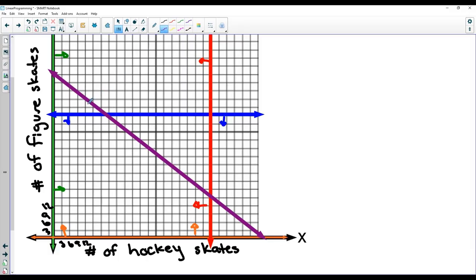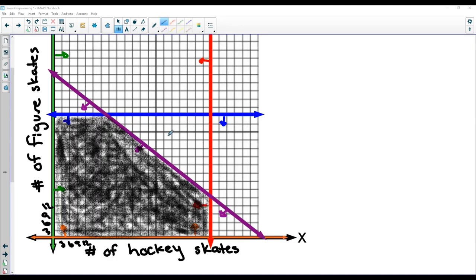And we're going to find that when we figure out how to shade for the purple, we're going to be shading in this direction. So we want to look for where everything overlaps, and that's going to be in this trapezoid area down here. All right, so now that we have the shaded region, we want to utilize our knowledge of where we shaded to find our corner points.